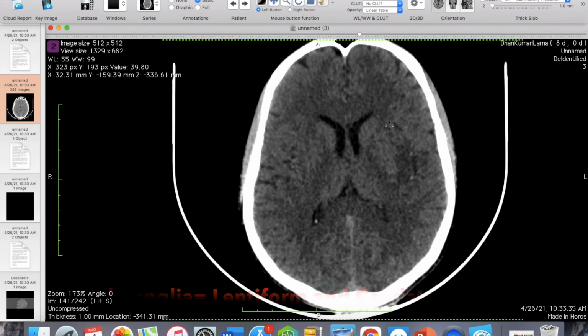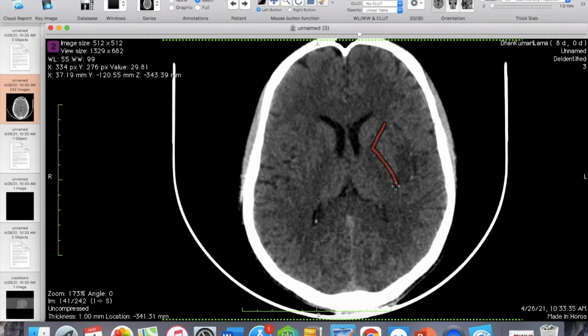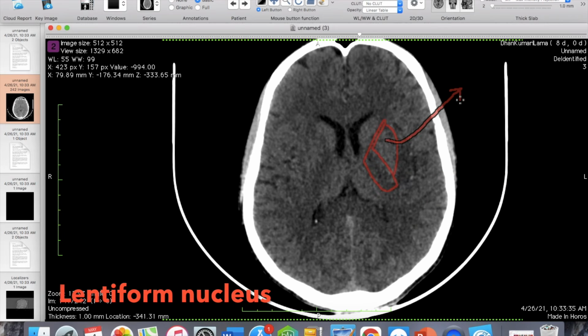So as we had discussed earlier, this L-shaped structure is the internal capsule, and deep grey matter nuclei, which consist of basal ganglia and thalamus, lie around the internal capsule. This lens-shaped structure lying lateral to the internal capsule is the lentiform nucleus of the basal ganglia.